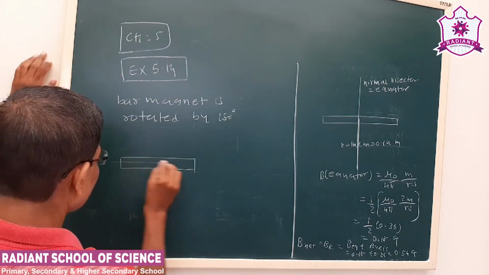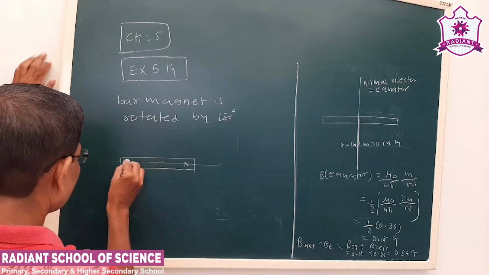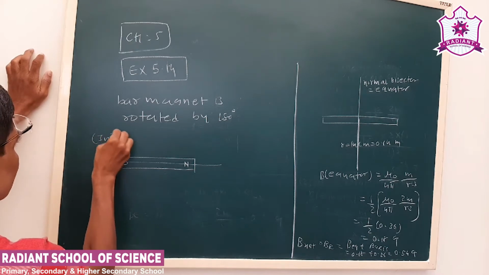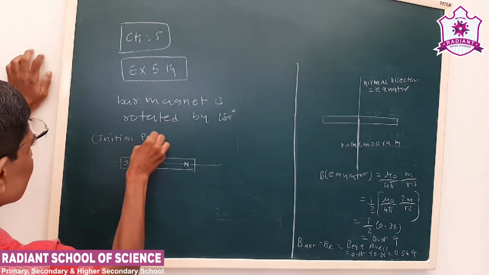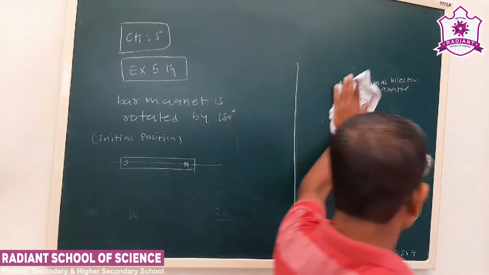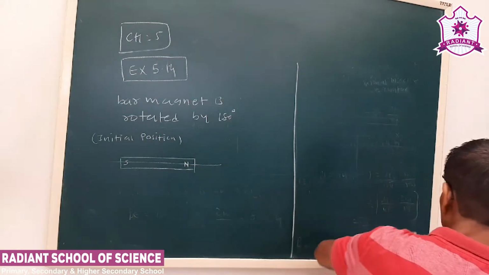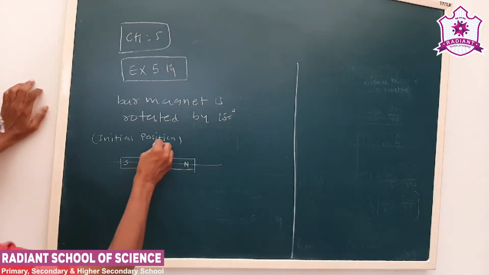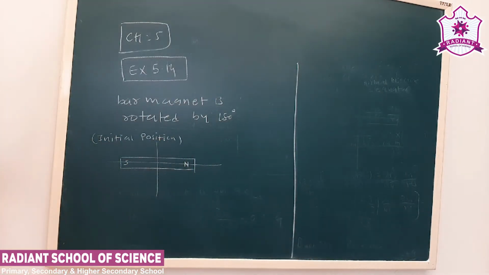The bar magnet position was like this, N and S, as we have seen. Here the null point was on the axis. This is the initial position. Now the magnet is rotated by an angle of 180 degree.